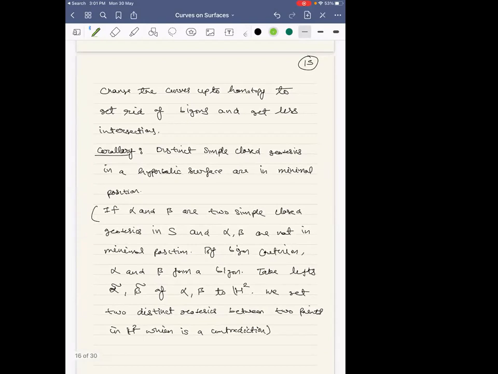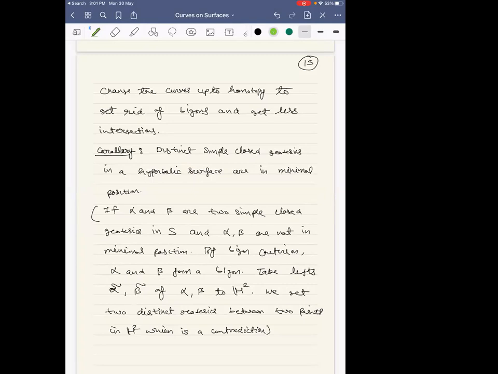Next is a corollary of this, and it again requires knowledge of hyperbolic surfaces. You can skip this also, but this statement is really important. If you consider two distinct simple closed geodesics in a hyperbolic surface, they will always be in minimal position.